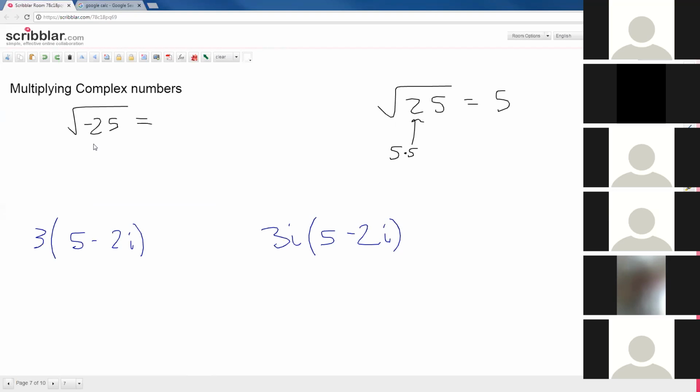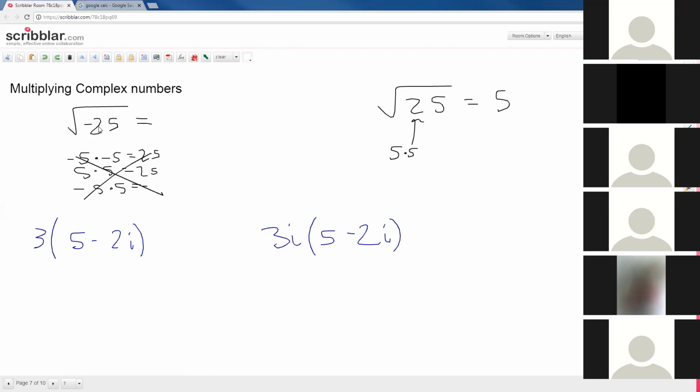With negatives, we don't have a number that can multiply by itself. A negative 5 times a negative 5 makes positive 25. So we want negative 25, not positive. And positive times positive is still positive. And a negative times a positive, these are not the same, so they can't work. It must be exactly the same.